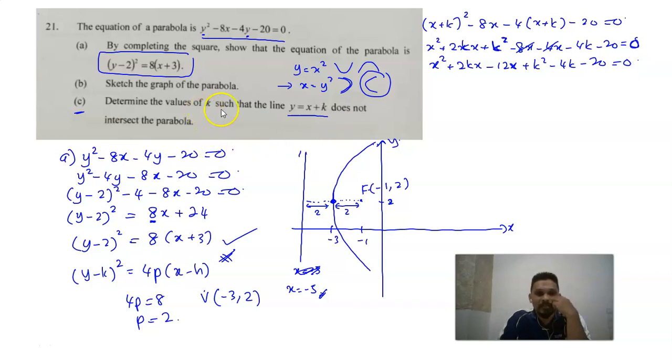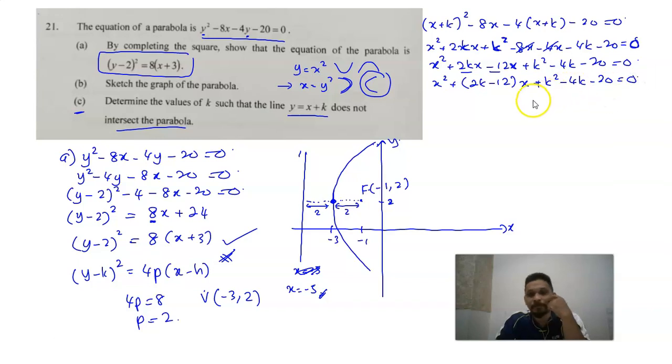Determine the value of k such that this line does not intersect the parabola. So x squared plus (2k minus 12) multiplied with x plus k squared minus 4k minus 20 equal to 0.